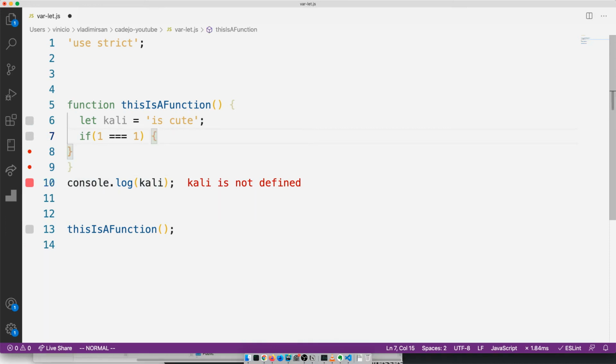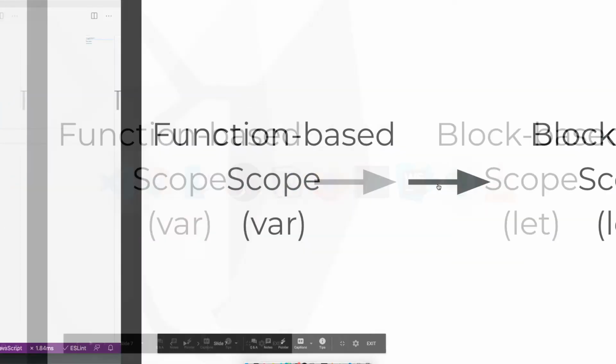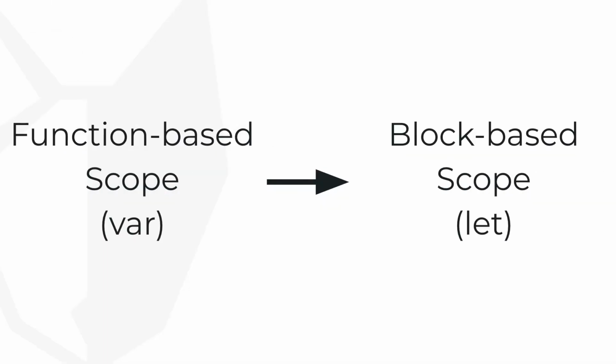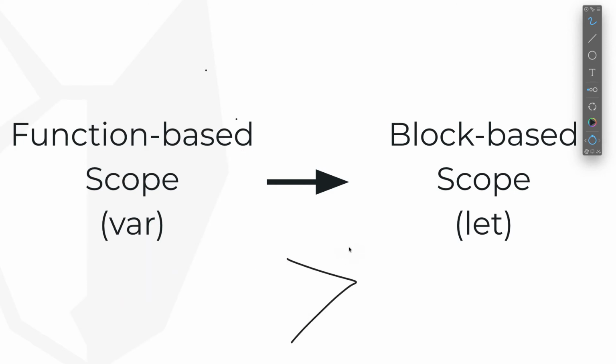So let me go to my PowerPoint presentation. Now you know that function-based scope is going to be used when you use var variables, and then block-based scope is going to be used when you use let variables. What you are going to notice is that functions tend to be bigger than blocks.